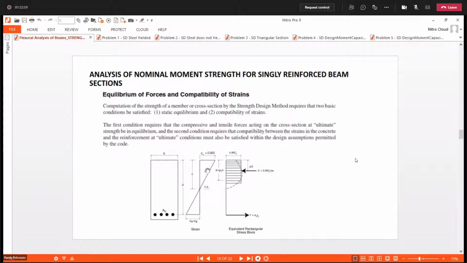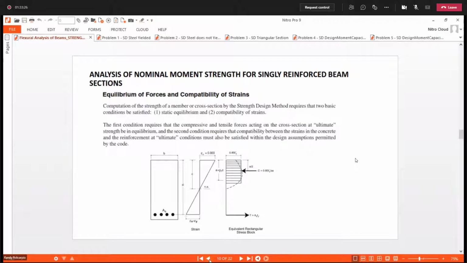Okay, so we're going to use this strain diagram, and also we're going to use the stress diagram in our beam. So ang stress natin sa concrete, we're going to use the rectangular block, the equivalent rectangular block.